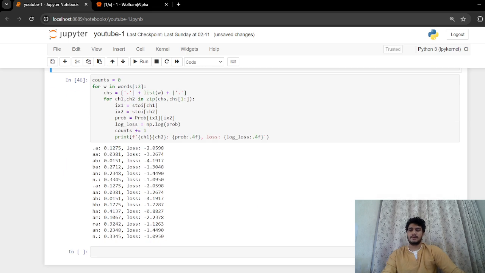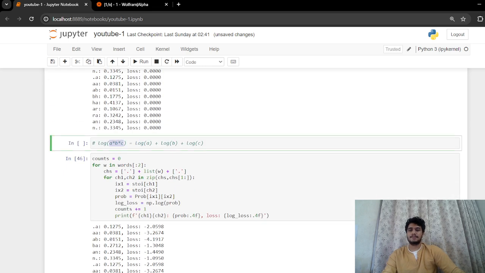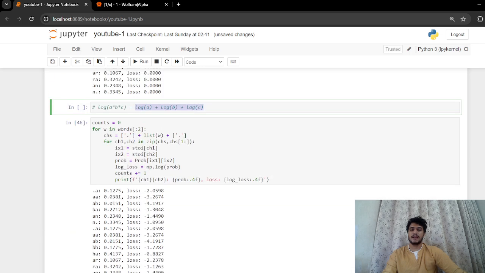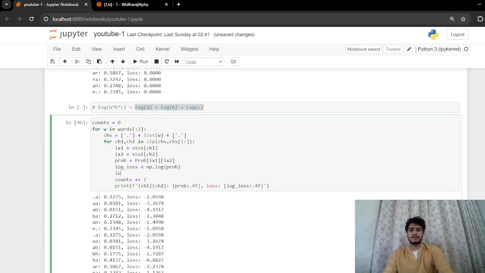So this product is basically the likelihood, and we are taking the log likelihood. Likelihood is just the probability of all the events happening together, and then log likelihood is this. So we can very well use this property, and that's why the loss can be just plus equals the log loss.